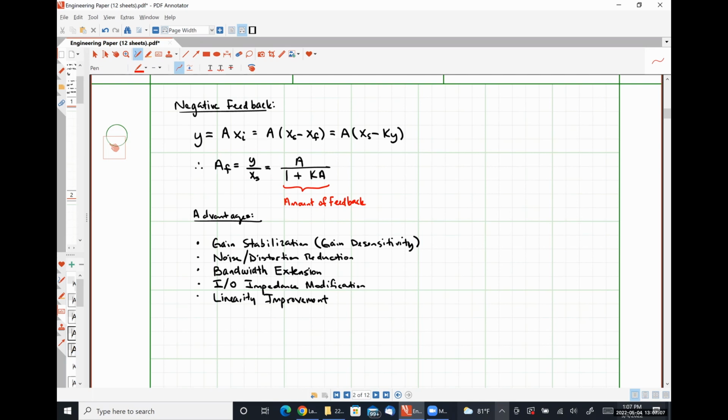This will be a common factor that helps us quantify effectively all of these improvements. We will see quantities increase by a factor of the amount of feedback or decrease by a factor of the amount of feedback. So this representation 1 plus KA as a number effectively tells us the magnitude of the improvements that we see.